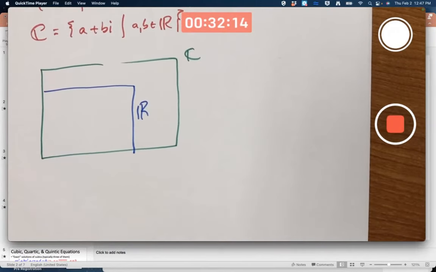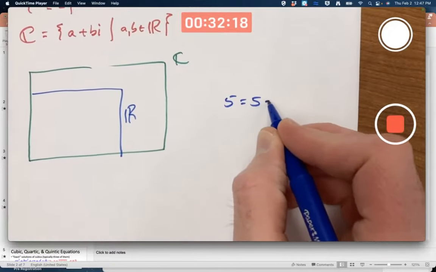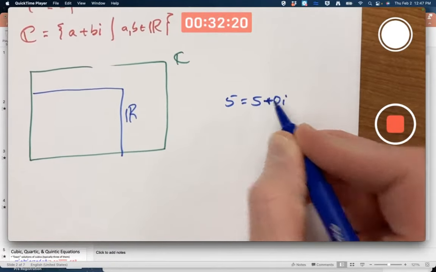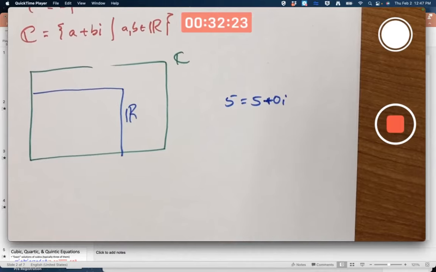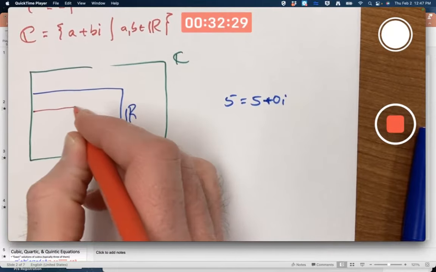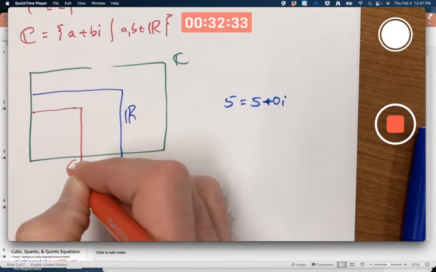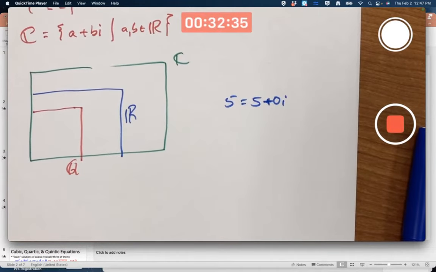Every real number is a complex number, like 5 could be thought of as 5 plus 0i. Of course, the rationals sit inside the reals. The rationals are labeled with a Q for quotient.